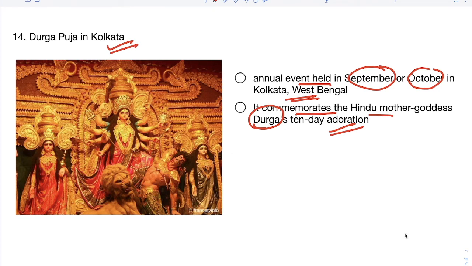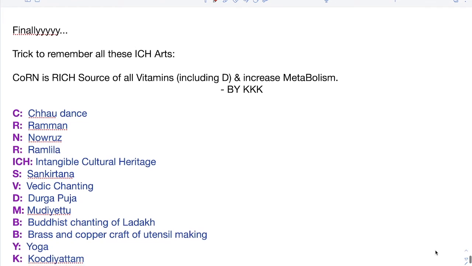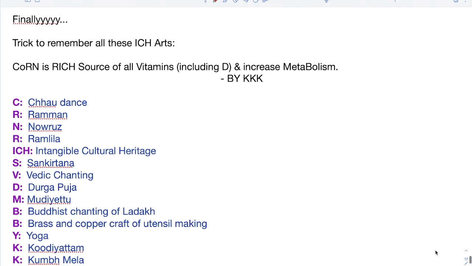Okay, now all the things we discussed regarding all the 14 items. Now finally we came to the trick. What is the trick? The trick to remember all the ICH art forms, and that too Indian art forms. Corn, I hope all of you know popcorn, okay, or sweet corn. Corn is a rich source of all vitamins including D and increases metabolism.